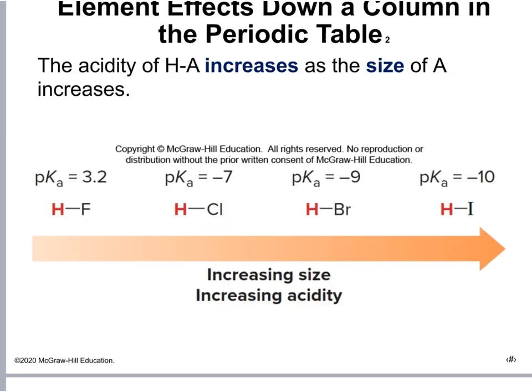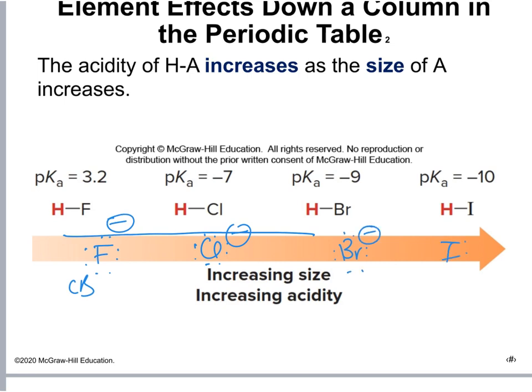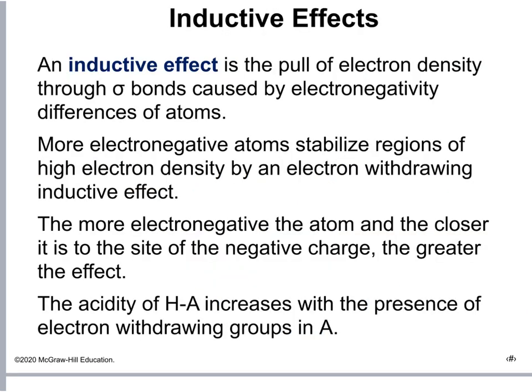You can see this going down that group, the halogens, because you're comparing the fluoride, the chloride, the bromide, and the iodide, which are your conjugate bases. The bigger the element, the better it stabilizes the conjugate base. So this is going to be your more acidic. And the Pogel exercise works through this.